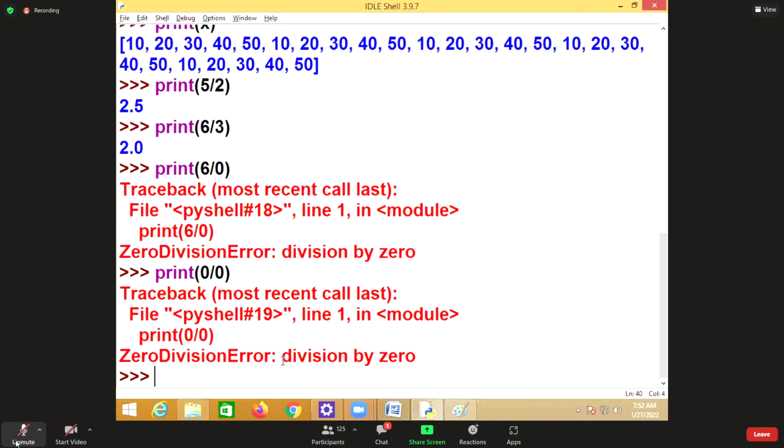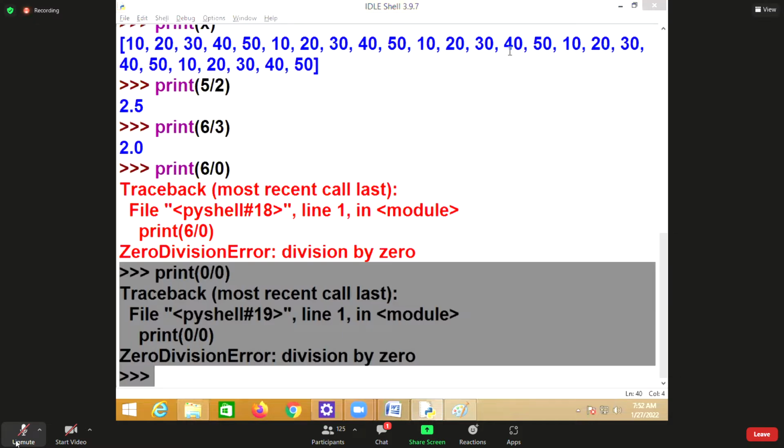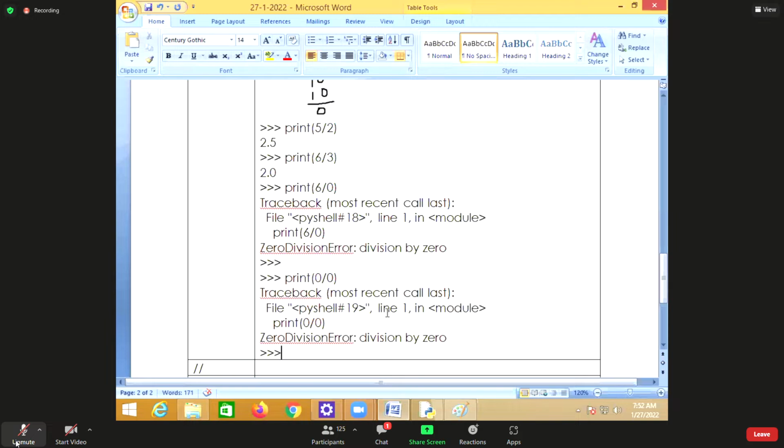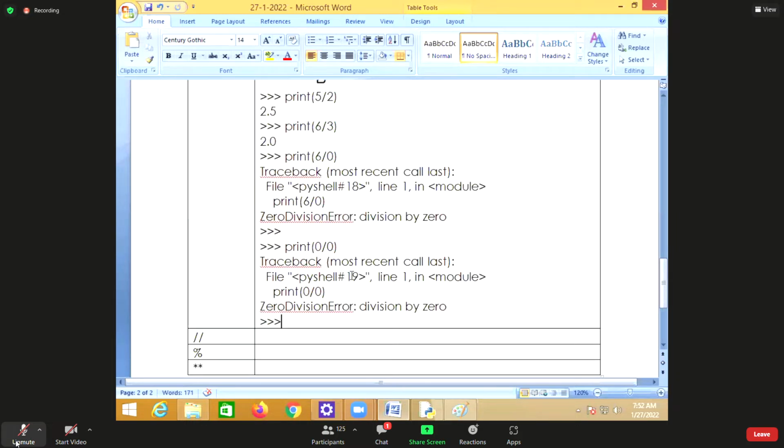You cannot divide a number with 0. It generates an error. It's not an infinite value, but you get an error. So you cannot divide a number with 0.